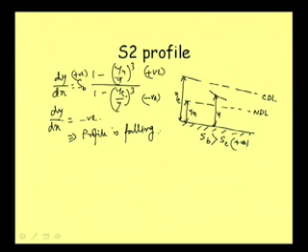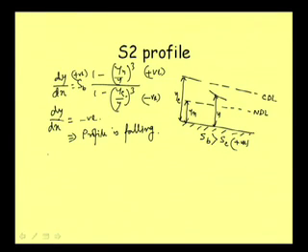Fine. Then what will happen at upstream and what will happen at downstream? Once we do that, then only our analysis of the characteristic of the S2 profile will be complete. Okay. So, let us see what happens at upstream. At upstream, y is approximately equal to yc, that is, it is meeting the yc.